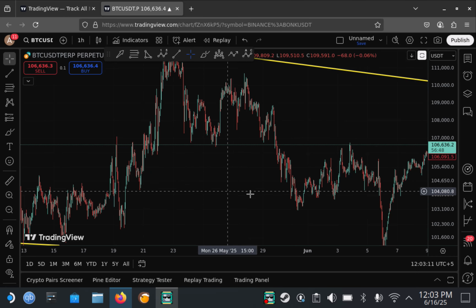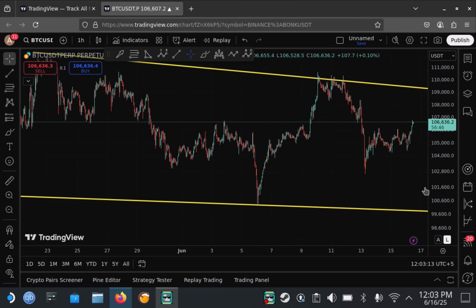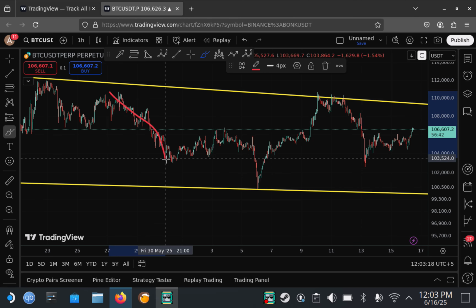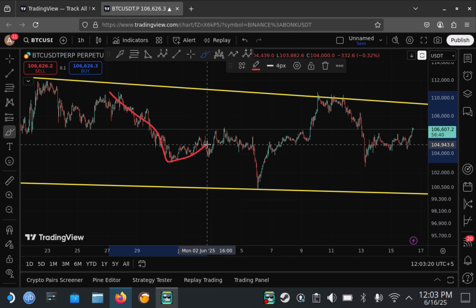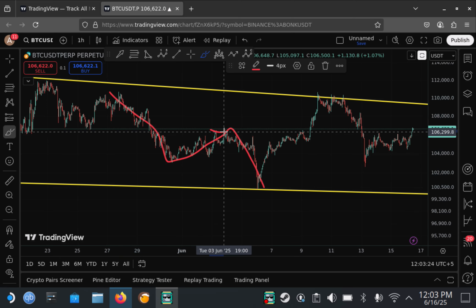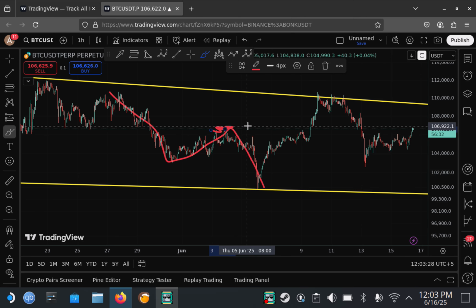And we can learn from history when Bitcoin pushed down and pumped from the middle and then dropped down right at that particular price level that it is right now, which is 106,600.